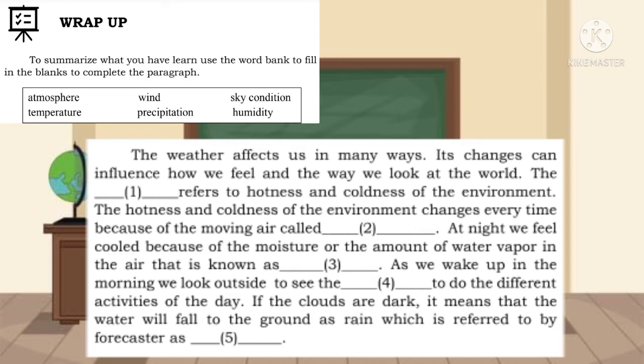As we wake up in the morning, we look outside to see the blank, to do the different activities of the day. If the clouds are dark, it means that the water will fall to the ground as rain, which is referred to by forecaster as blank. Now you're given 10 seconds to answer. Your timer starts now.